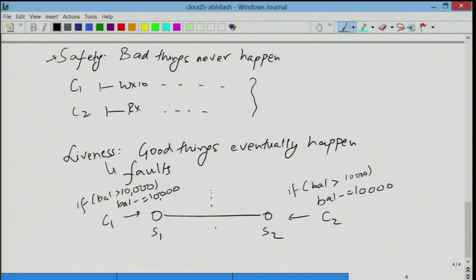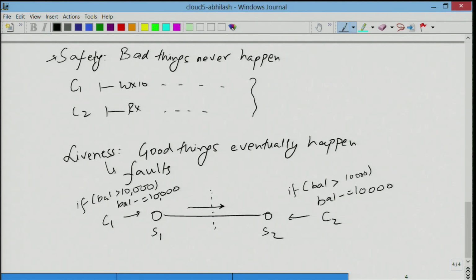Now from the point of view of S1, S2 is just not responding, right? S1 doesn't know whether S2 has crashed or whether the network has crashed, so S1 doesn't know if the packets are dropping because the network has crashed or because S2 has crashed, right? So S1 is pretty stuck.